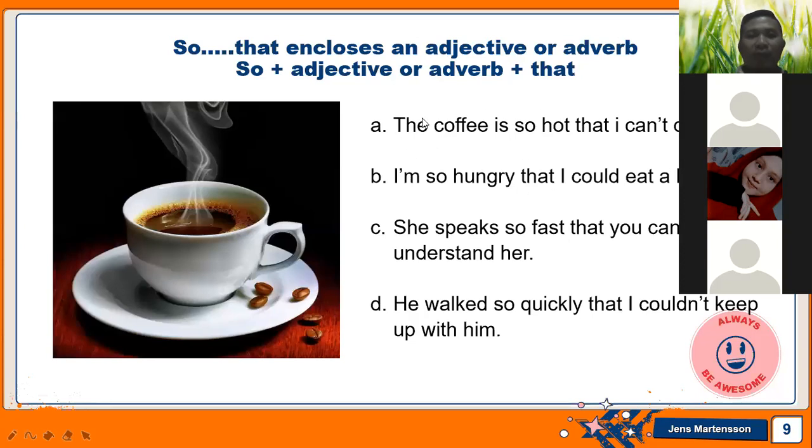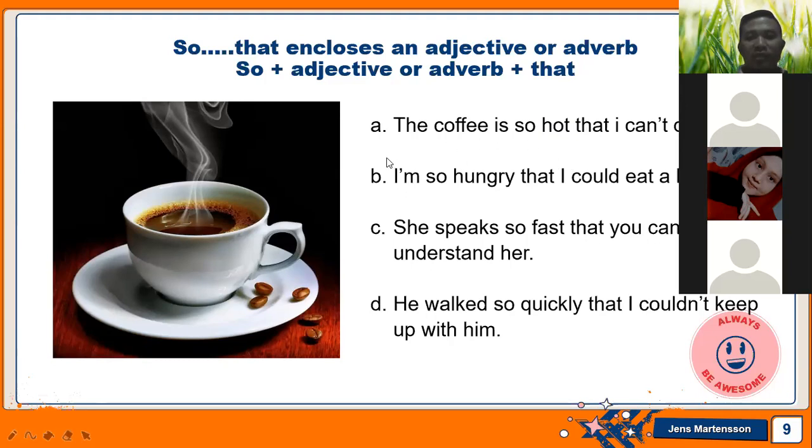So how to form the sentence? We put the noun first, and then to be or verb, and then so, and after so, is hot an adjective or adverb? Adjective, sir. And then after the adjective, that.